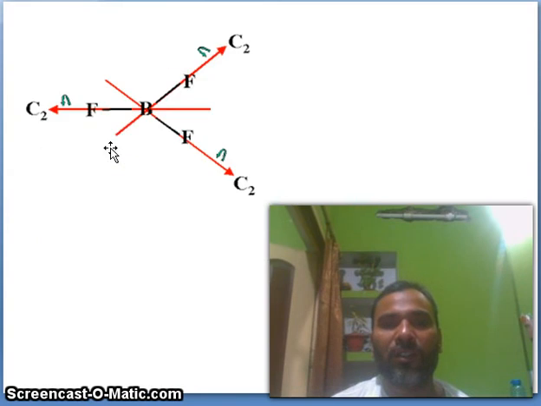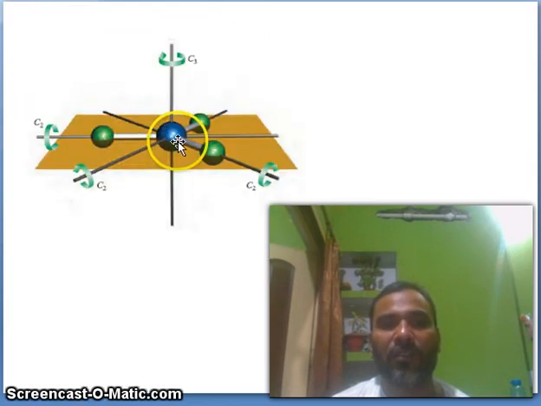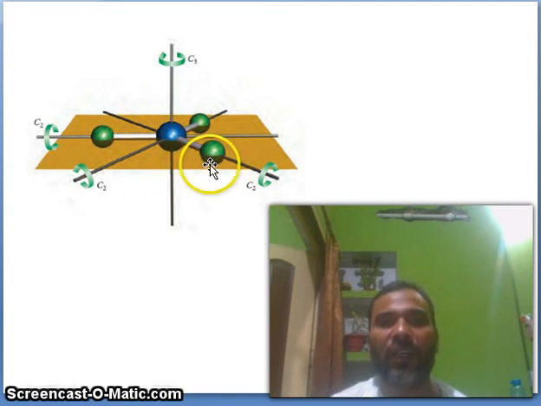Look at here, where is the C2 axis? Through this BF, through this BF, through this BF. So you can do a C2 axis of rotation, C2 axis of rotation, C2 axis of rotation. You can see here in BF3, this is boron, this is fluorine, fluorine, fluorine.